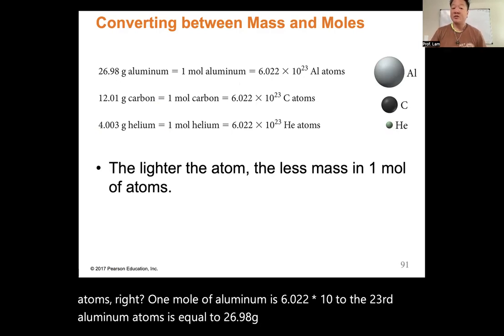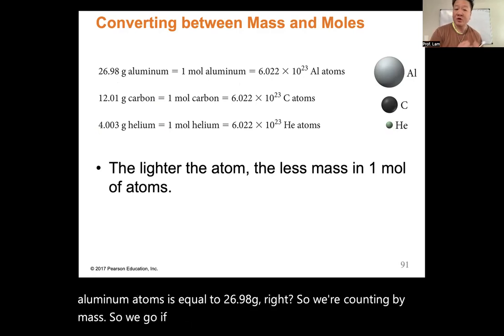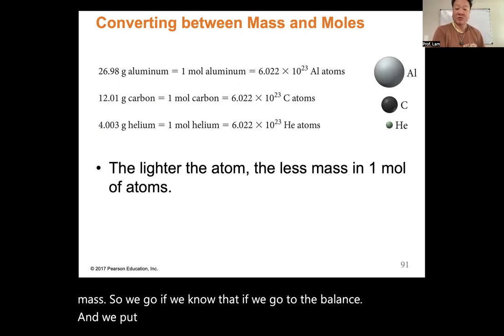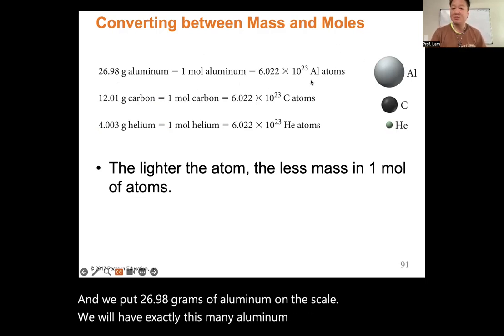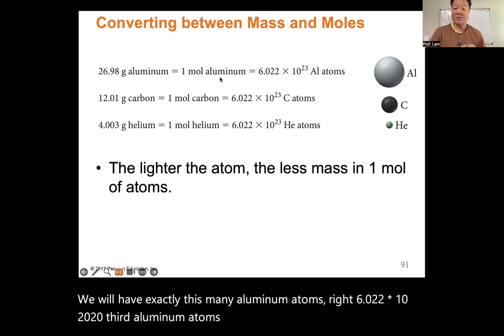So we're counting by mass. If we go to the balance and we put 26.98 grams of aluminum on the scale, we will have exactly 6.022 times 10 to the 23rd aluminum atoms, or 1 mole of aluminum.